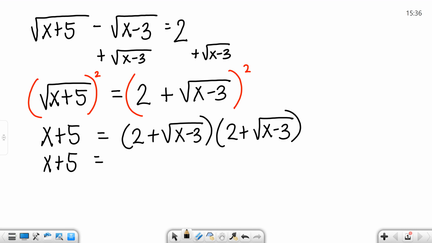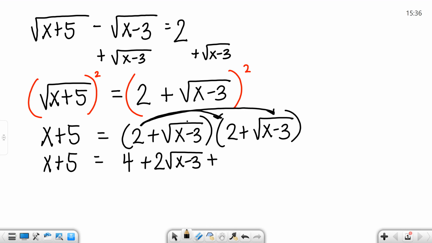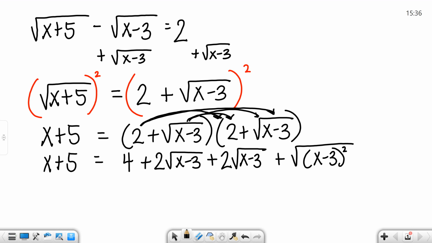So 2 times 2 plus 2 times the square root of x minus 3 plus, now I'm multiplying this, I did these two first. Now I'm going to multiply this square root of x minus 3 times both of them. And I get 2 on the square root of x minus 3 plus the square root of x minus 3 squared when I multiply those last two terms. Doesn't that look beautiful?